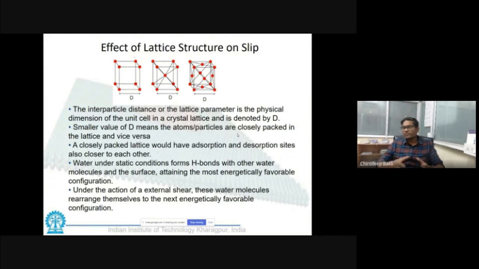Every solid surface is given by a lattice structure, BCC, FCC, or simple cubic, and the way the contact line moves from one point to another would depend on the distance between two lattice points on the solid. So by using the interactions that we have talked about, we tried to do a Newton's second law analysis of the entire fluid flow through these different solid surfaces.